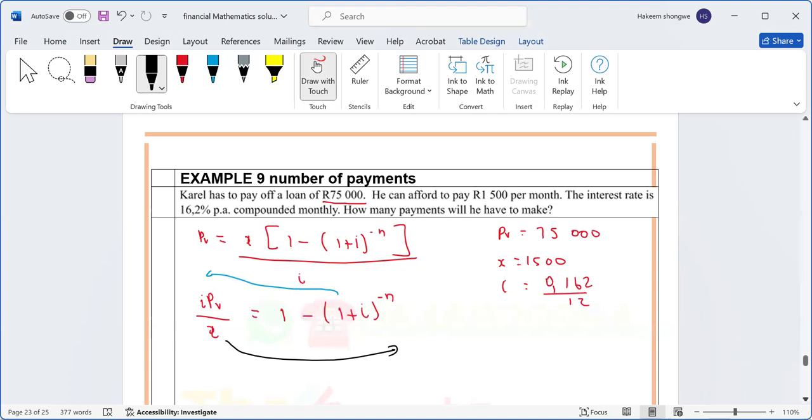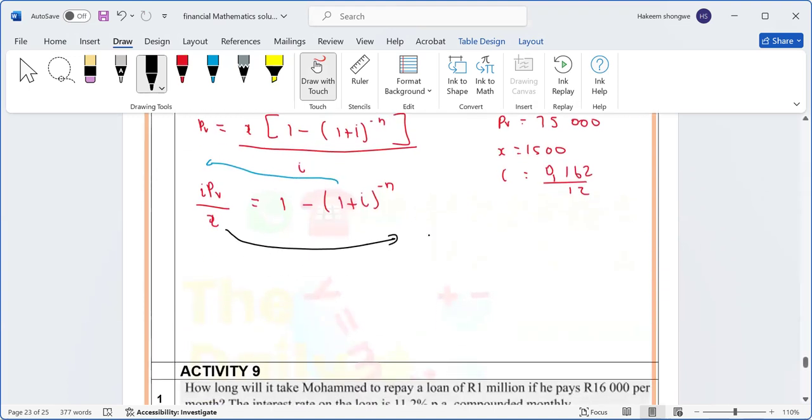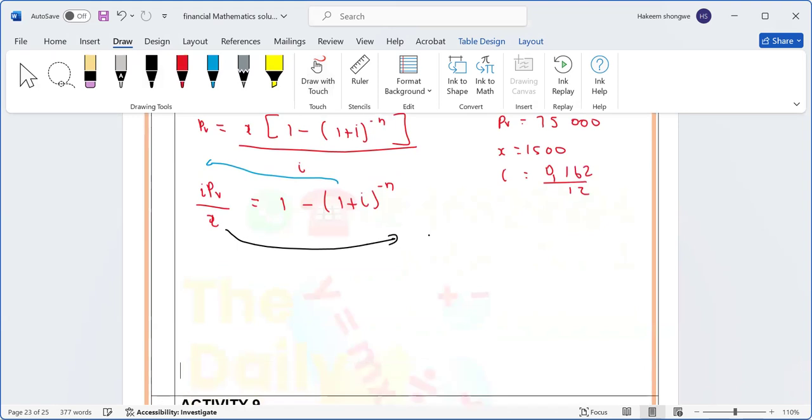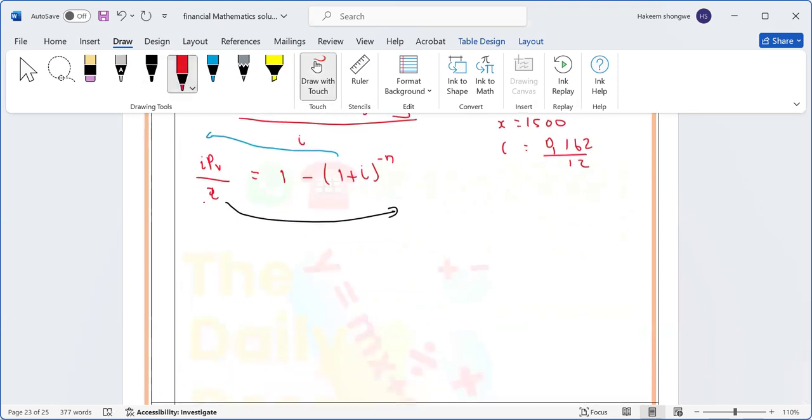So what are we going to be remaining with then? We're going to have something that looks like this: 1 plus I to the power of minus N, which is going to be equal to 1 minus I times PV, all over X. So we have the following.